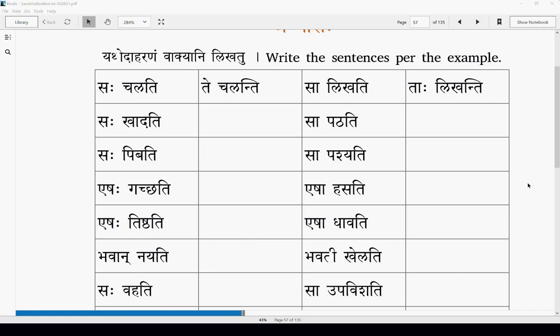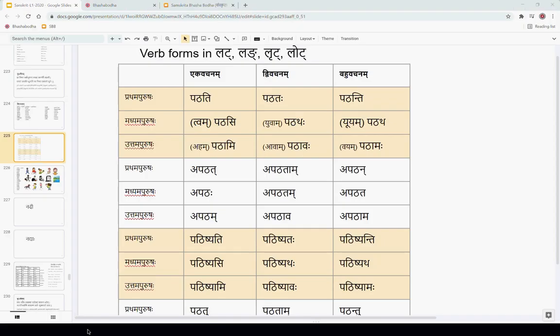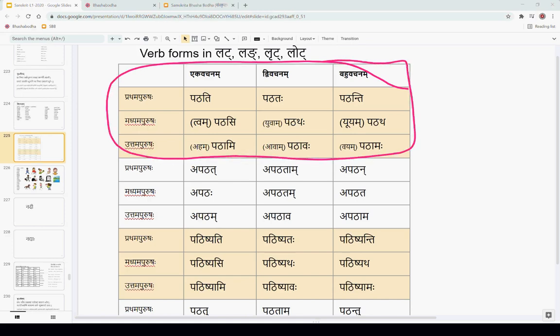Going to the next topic, of verbs only, Kriyapadam. The forms we saw, this table, what is the tense for this? This is present tense, Vartamana Kala. So these forms are used in Vartamana Kala.